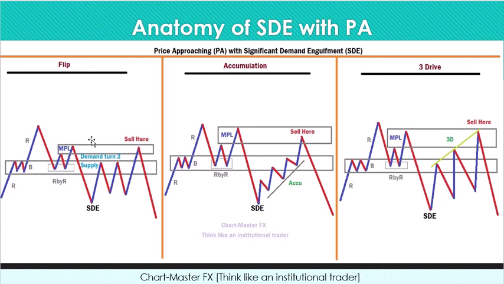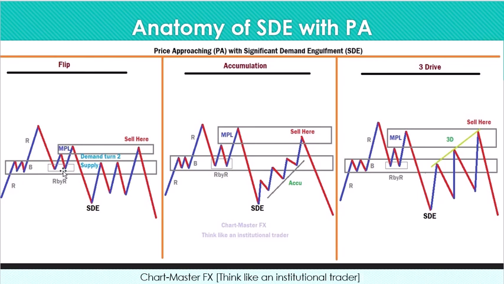So those who may be asking, what is really an SDE? In simple terms, an SDE is whereby, if you check here, we have a rally base rally. Once we have a rally base rally, we draw our base. So once you have a rally base rally, what happens? The price returns to this base and it consumes the base without engulfing it. Once it reaches here, it goes again.